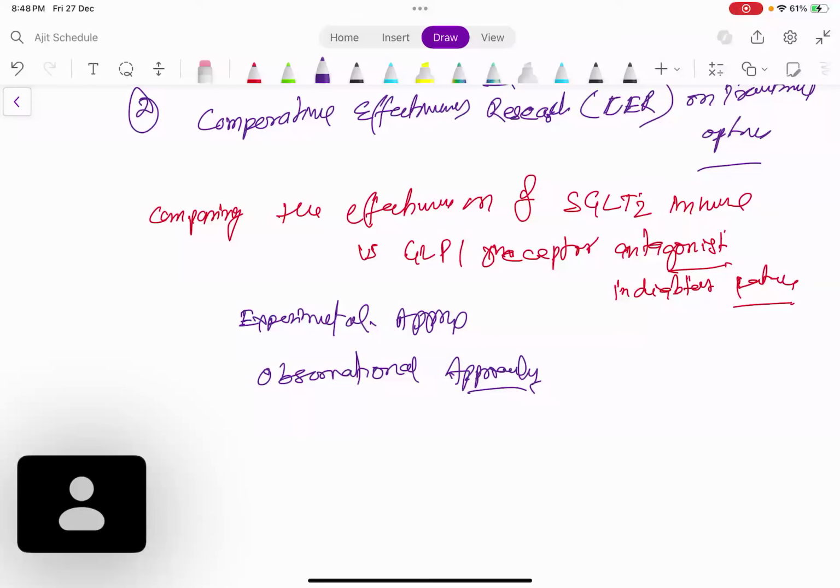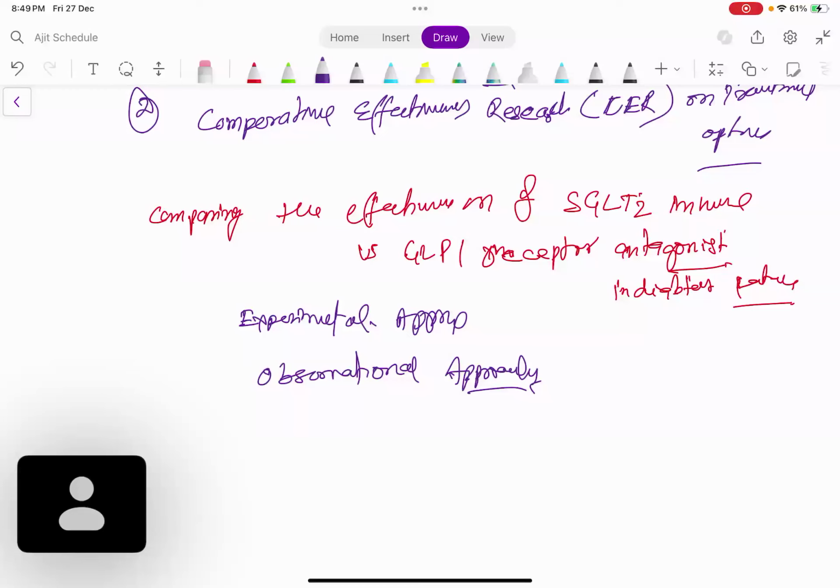But if I'm comparing one drug in different dosing forms, then you need a specific controlled environment. When you're talking about two drugs, that can be done with a randomized controlled trial, which is the experimental approach, or the observational approach.